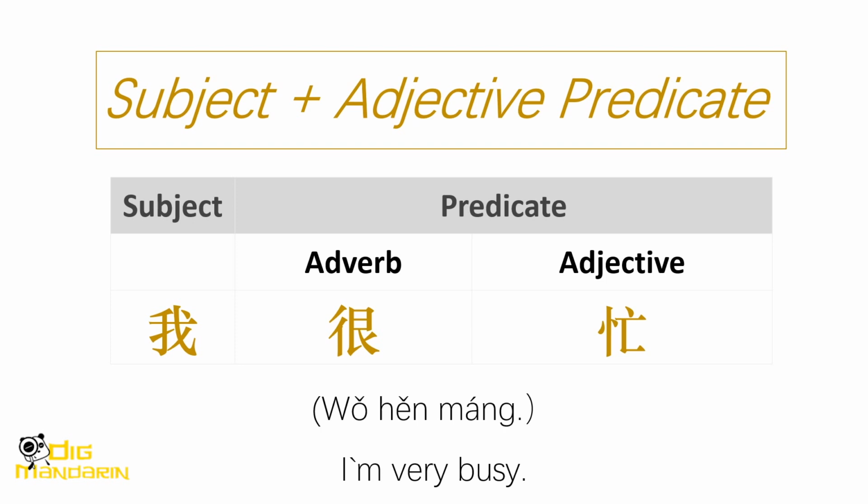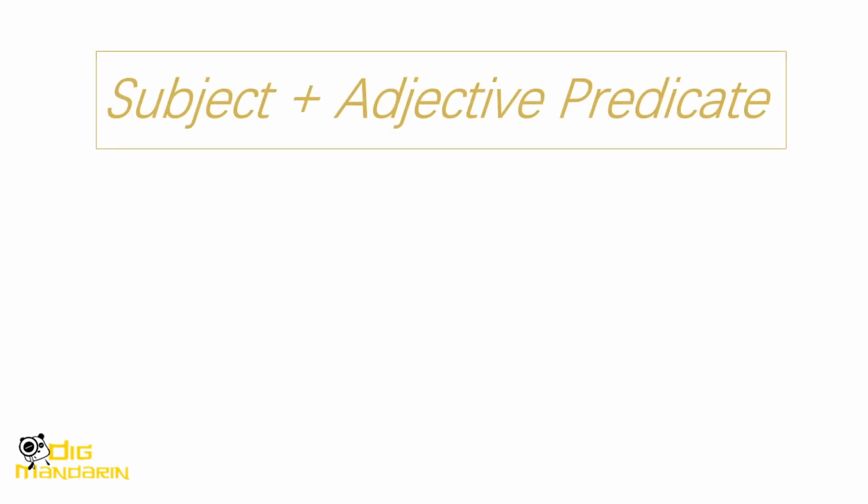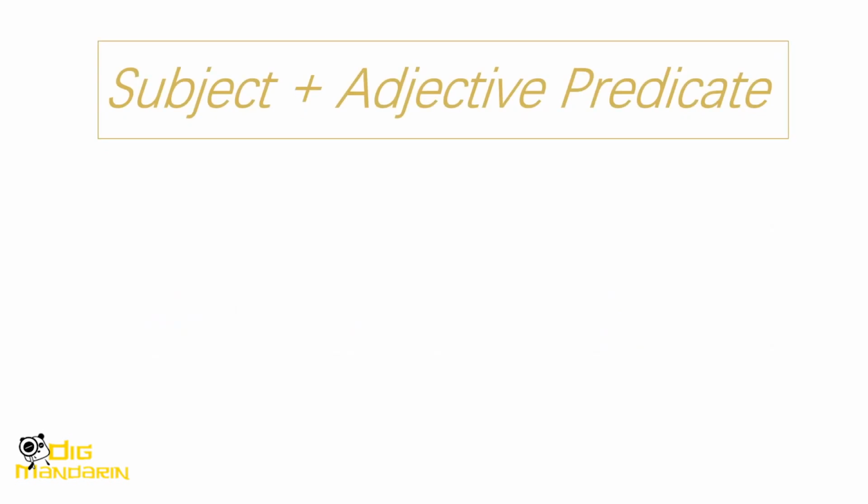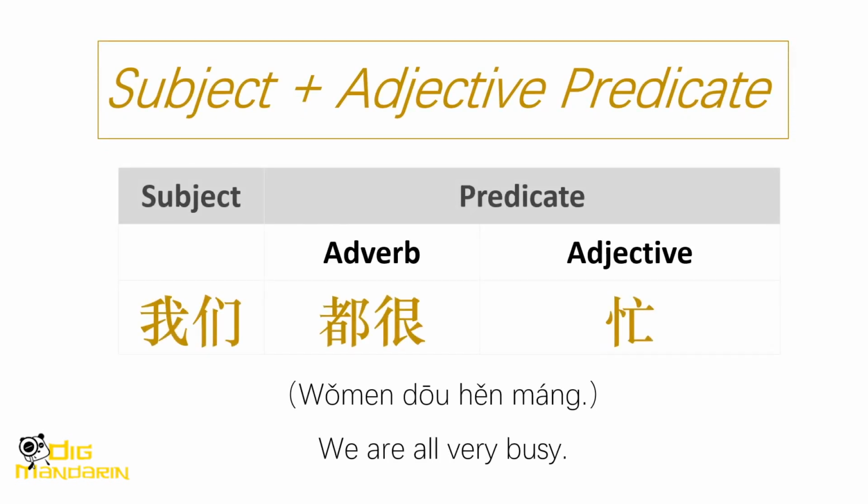Example 3. 我不忙 I'm not busy. Example 4. 我们都很忙 We're all very busy.